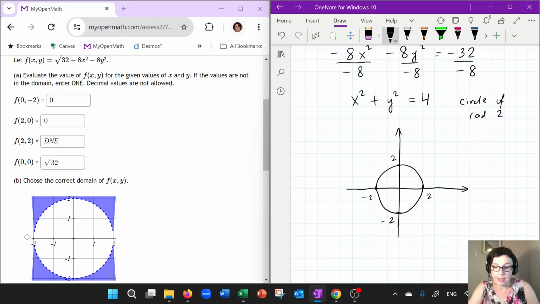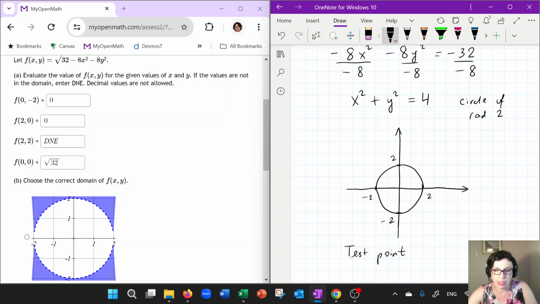Okay, the next thing we have to do is figure out whether the domain is inside the circle or outside the circle. So here we have to pick a test point. Now, very important, and a lot of students do not understand this: whatever point you pick, it cannot belong to the boundary.